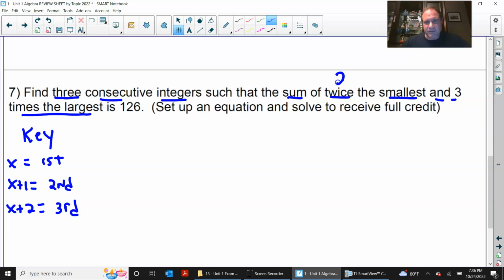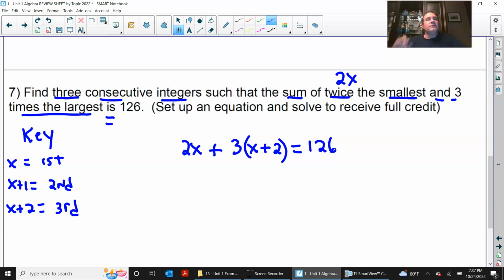Twice the smallest is 2x. So the sum of 2x plus 3 times the largest. Here's the largest, x plus 2. 3 times the largest is 126.